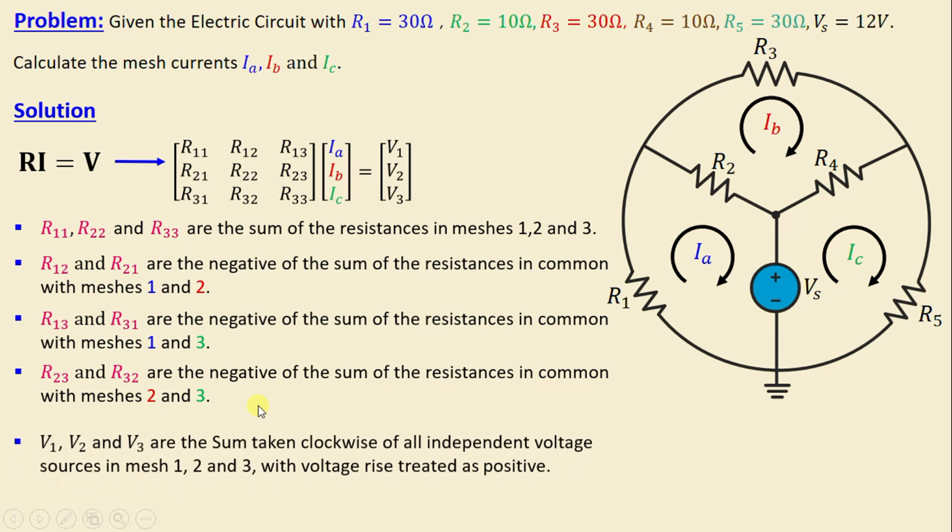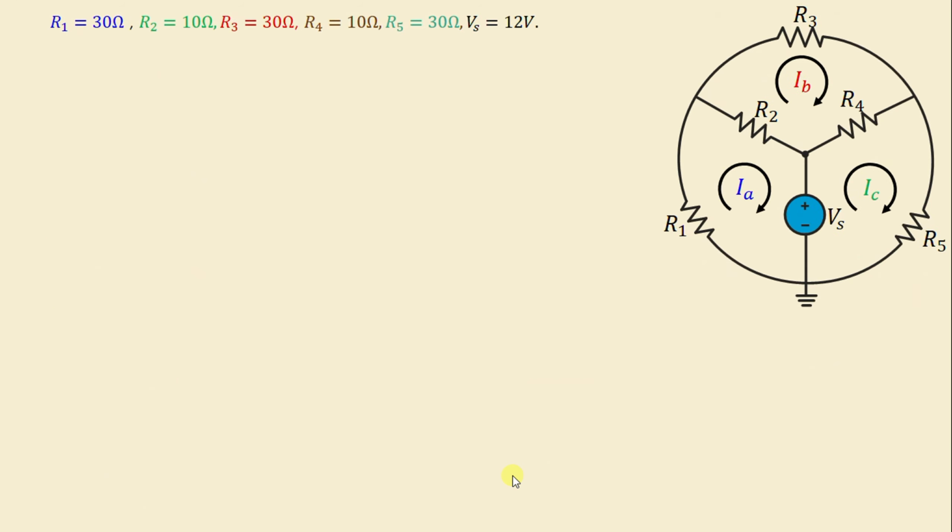Finally, V1, V2, and V3 are the sum, taken clockwise, of all independent voltage sources in meshes 1, 2, and 3, with voltage rises treated as positive. Let's apply all this in our example.